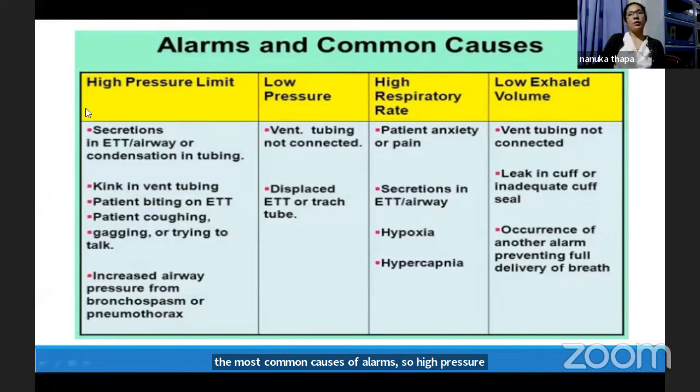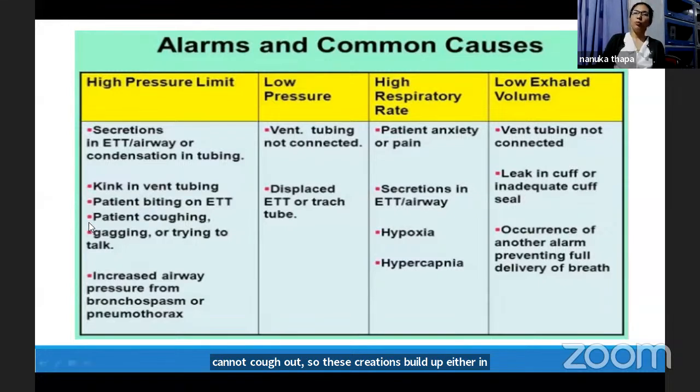The most common alarm that we usually see in the ICU is the high pressure limit alarm. Numerous factors can lead to high pressure limits. Secretions or any blockage in the airway can lead to high pressure alarms. If the patient is not getting adequate suctioning, or adequate physiotherapy, or the patient is too deeply sedated to cough out, these secretions build up in the bronchi, bronchioles, or ET tube and lead to high pressures.